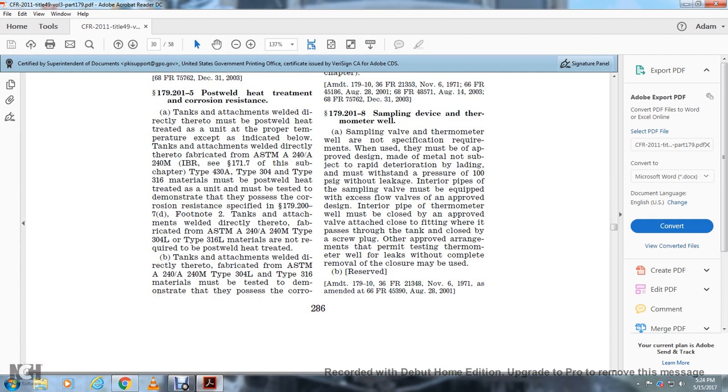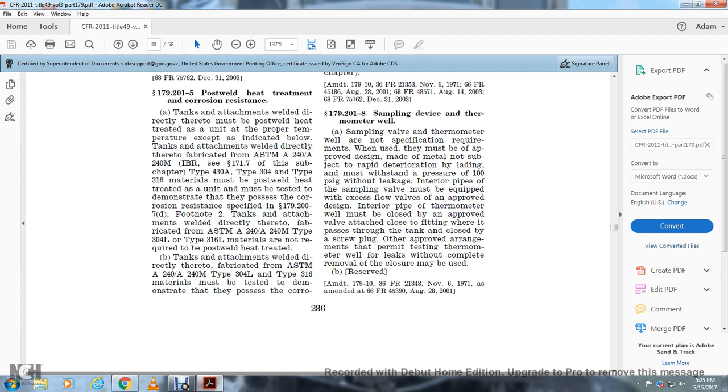179.200-15, post-weld heat treatment and corrosion resistance. Tanks and attachments welded directly thereto must be post-weld heat treated under uniform proper temperature, except as indicated below. Tank attachments welded directly thereto and fabricated with ASTM A240/A240M Type 430A, Type 304, and Type 316 materials must be post-weld heat treated. The heat-treated units must be tested to demonstrate that they possess the corrosion resistance specified in 179.200-7(d), footnote 2.